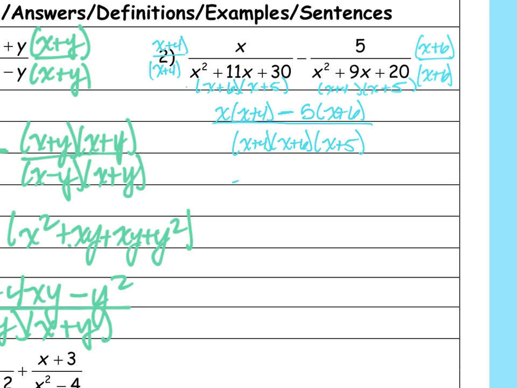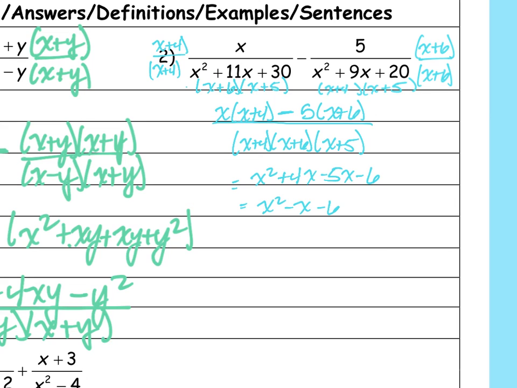Ugly. Okay, so that's x squared plus 4x minus 5x minus 6. And again, I'm just going to deal with the top right now because my common denominator is not changing. So x squared minus x minus 6.